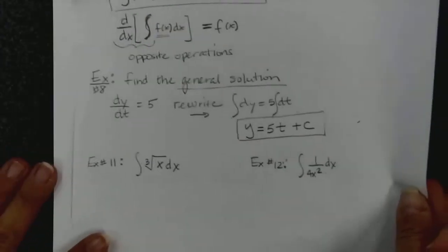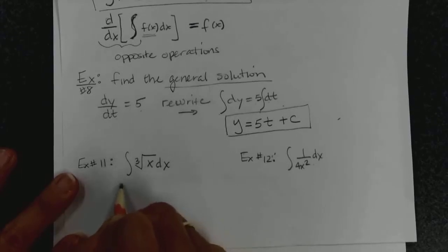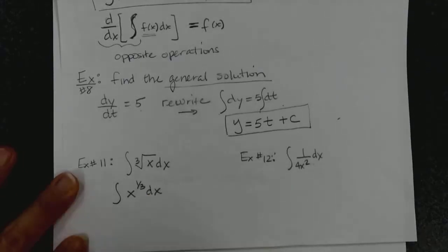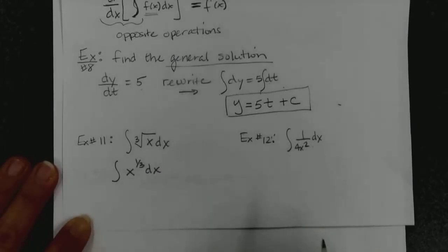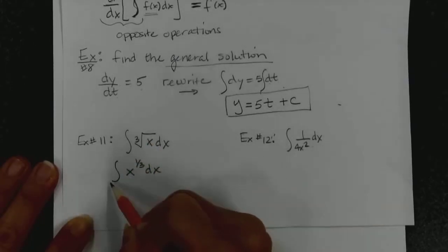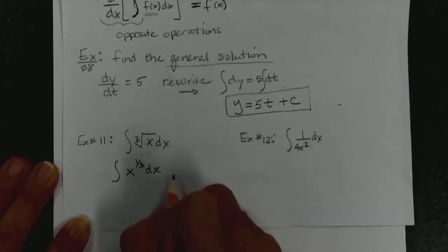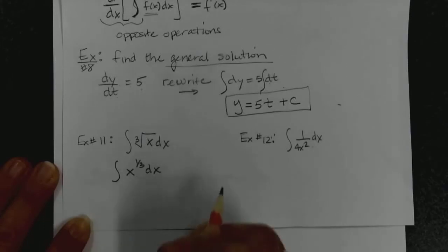Now I'm going to do example number 11. I'm going to rewrite this as the integral of x to the 1/3 dx. Remember, when we took the derivative of a power, we brought down the exponent and subtracted 1. In this case, we're going to add 1 and divide by the new exponent.